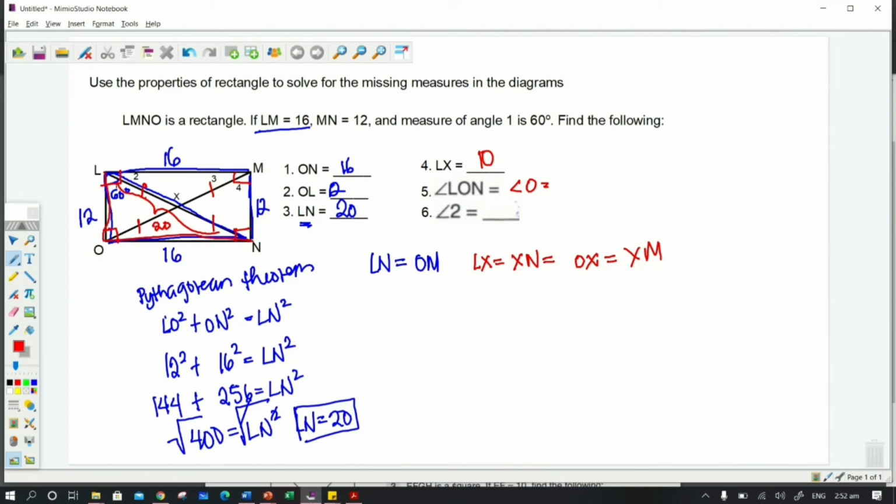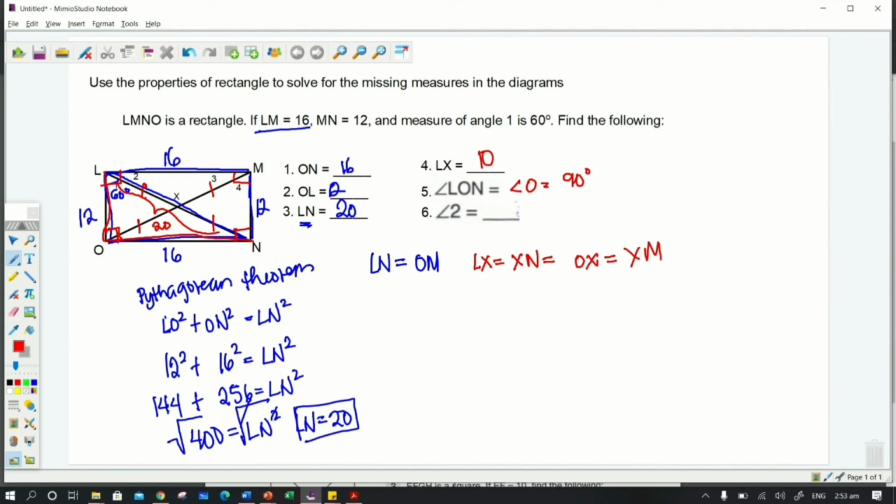But then, as I've said earlier, that is simply angle O, which is the vertex. Okay? So, anong sukat ni angle O? The answer is 90 degrees. Okay? Because, as I've said kanina, one of the unique property of rectangle is that all angles are right angle.